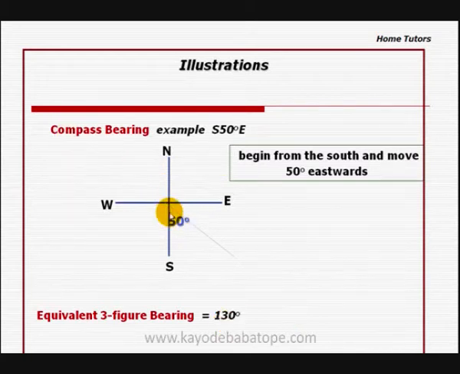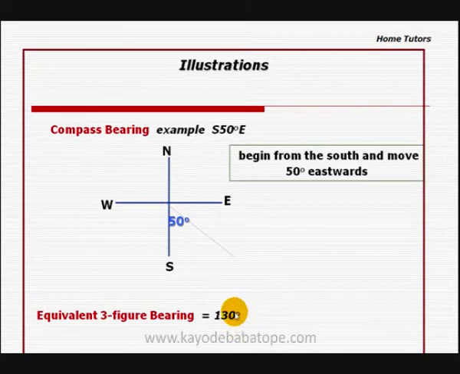That is, if a line is at this point, then this line must be 130 degrees from the north. Remember that the total angle on a straight line is 180. So if this angle is 50 degrees, then measured from the north, it must be 130 degrees. So the equivalent three-figure bearing of a compass bearing of south 50 degree east is 130 degrees.